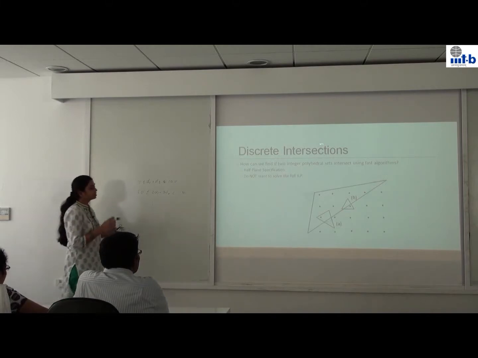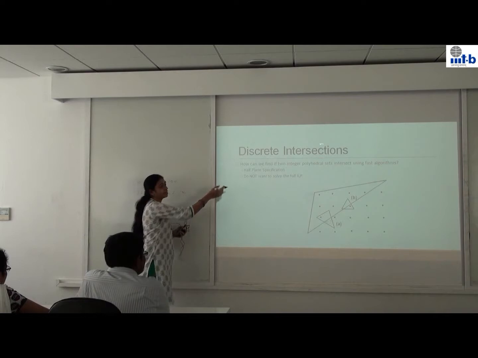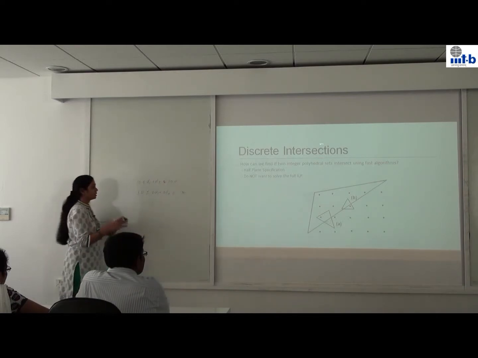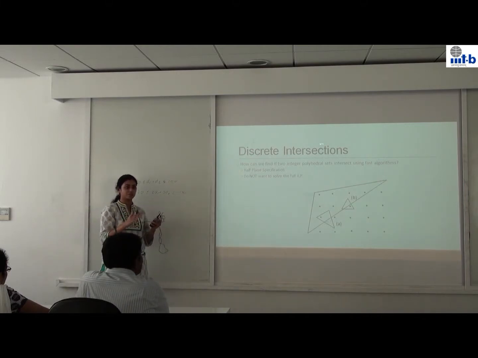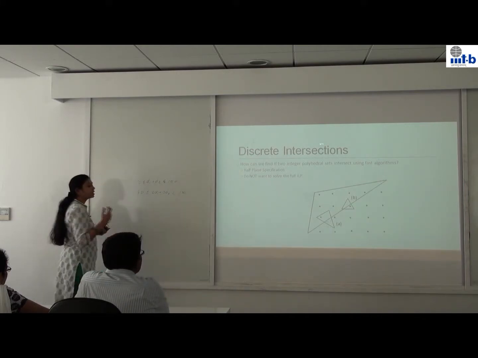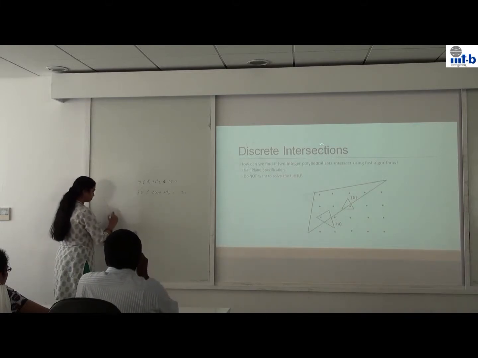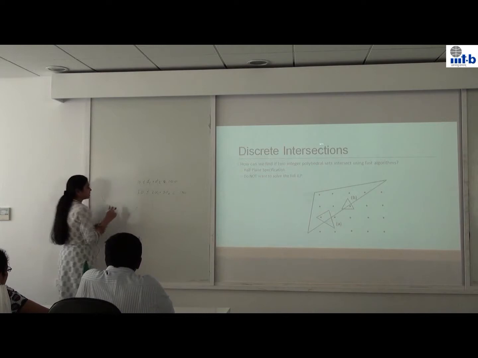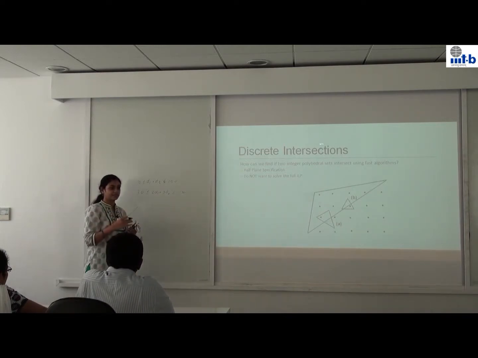So let us say that we have a polyhedral set which is formed by half-plane specifications. That means I have a set of linear inequalities, and these linear inequalities are a set of assumptions that I am making. The convex polyhedral region that is formed is a scenario that represents my uncertainty.